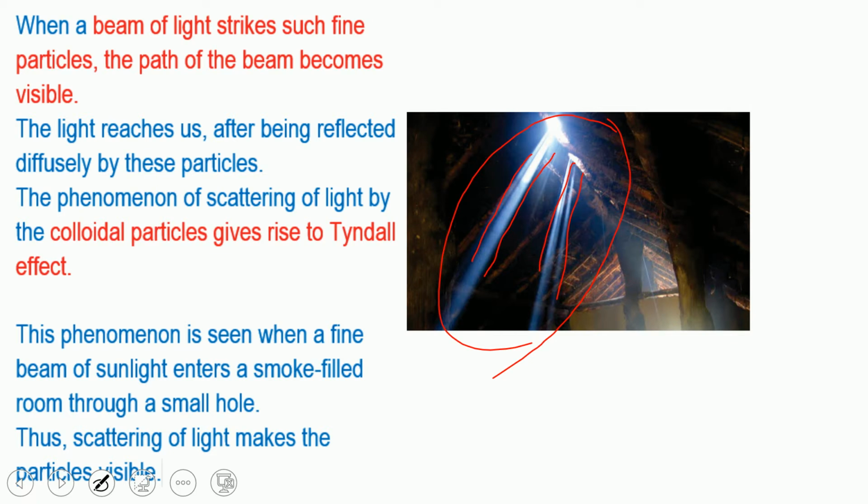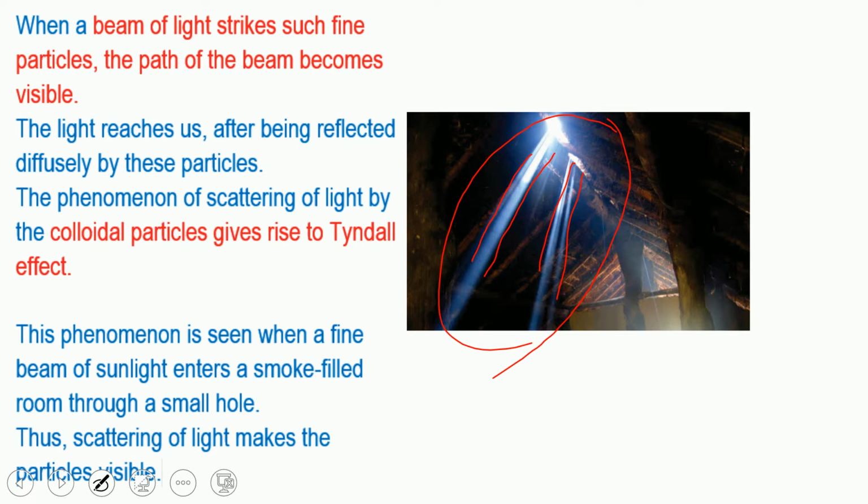Thus the scattering of light makes the particles visible. That is very important. So what is the reason for the Tyndall effect? The answer is the scattering of light, and the second is due to colloidal particles.